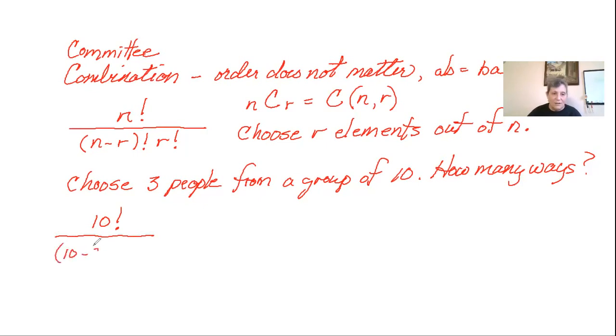So it's going to be 10 minus 3 factorial. And because Sue, Joe, and John, Joe, and Sue are going to create the same group, we have to also divide out the number of ways that those 3 specific people can be chosen. So that's going to be 3 factorial. Now you should have this on your calculator.